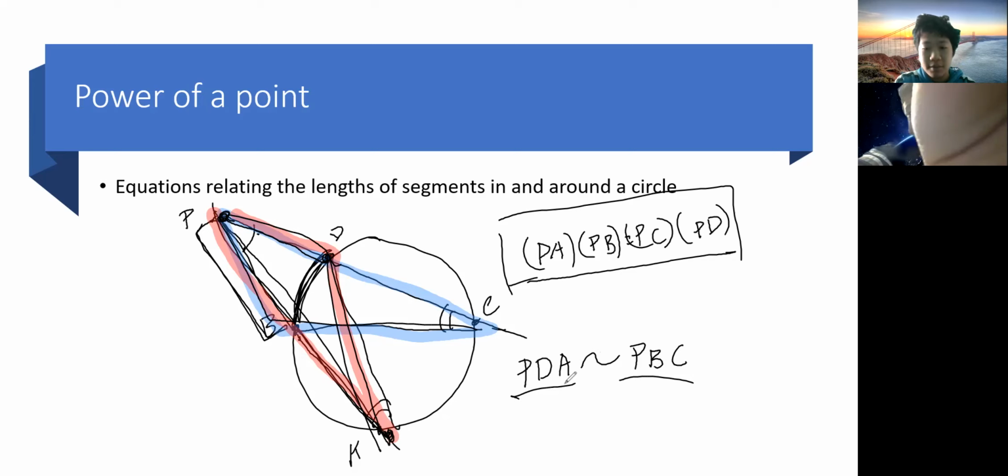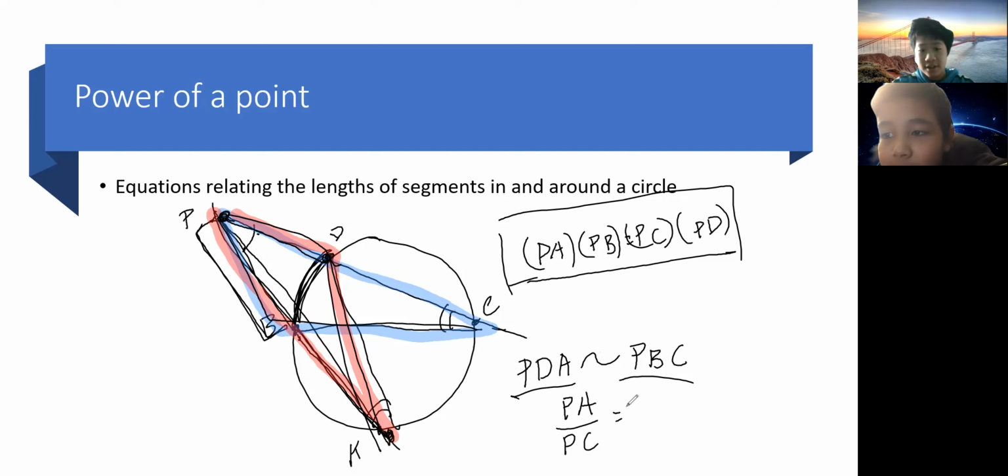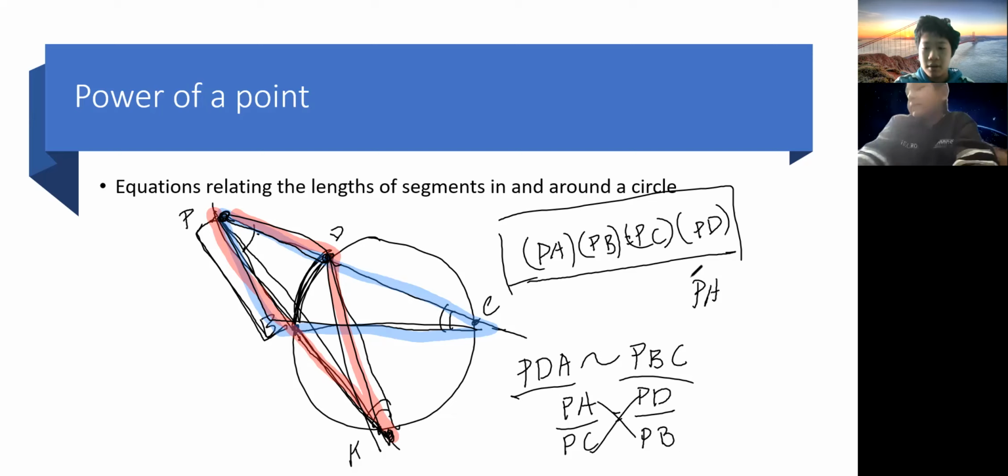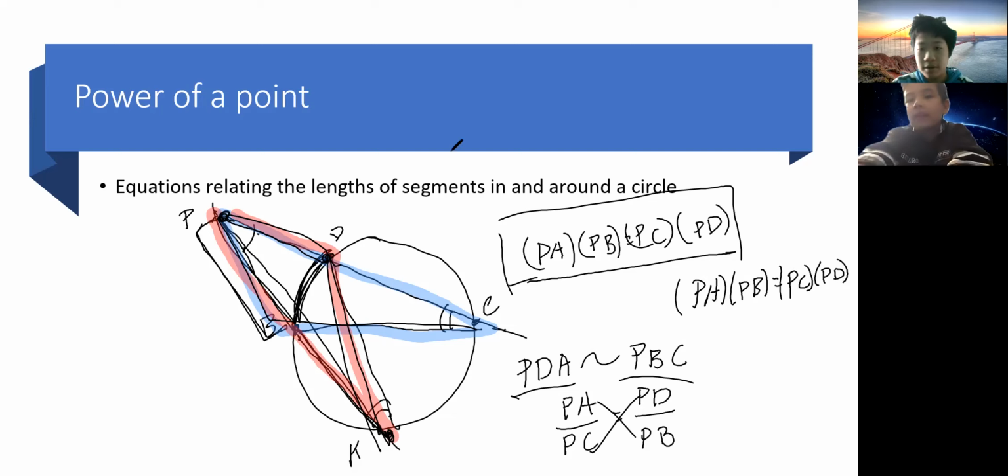So PDA is similar to PBC, which means you can just do PA over PC. The ratio of corresponding sides are equal, right? PA over PC is PD over PB. If we cross multiply again, PA·PB equals PC·PD. That's the formula.